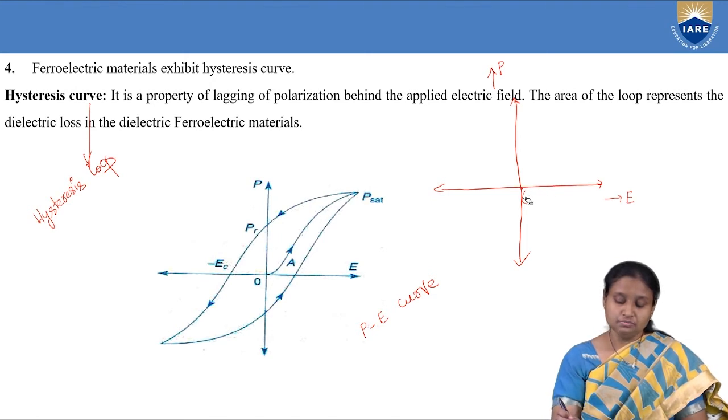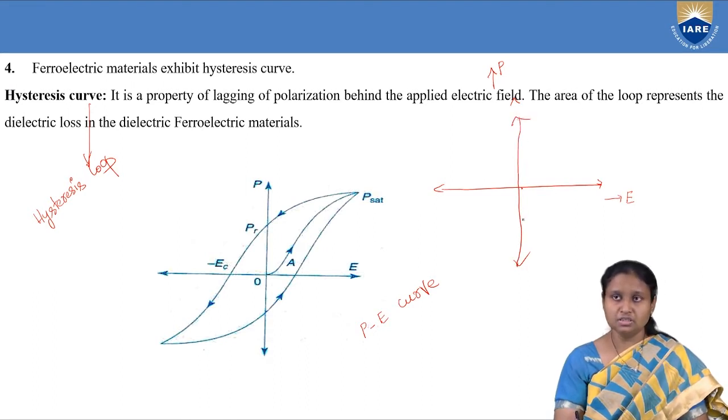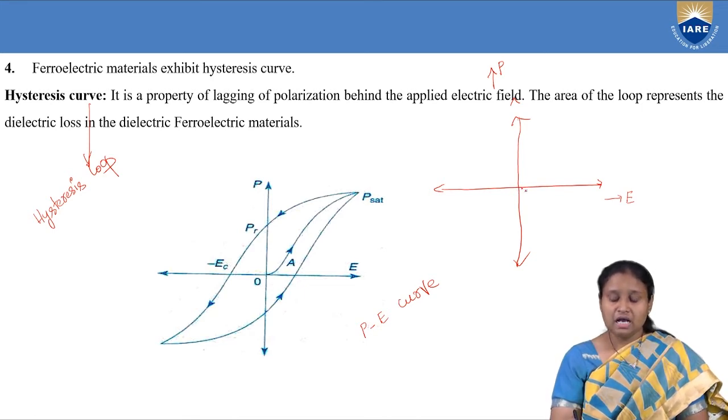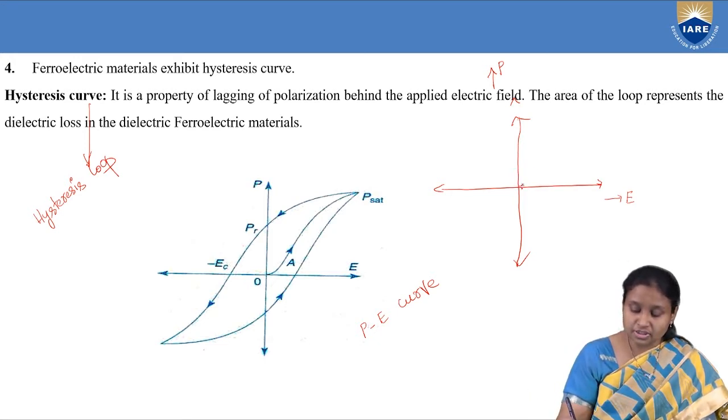So here there are no dipoles, and if there are no dipoles, then there is no dipole moment. Now after this, I started increasing the strength of the electric field. When we started increasing the strength of the electric field, what we are going to observe is that this curve is going to go in this path.